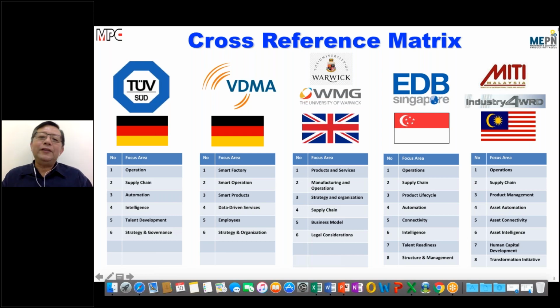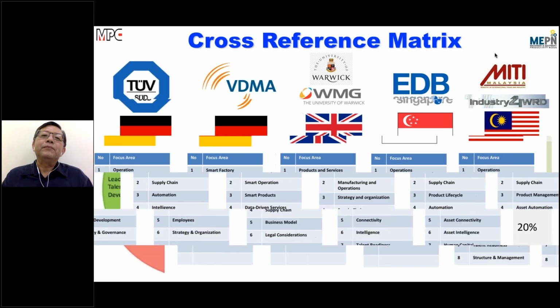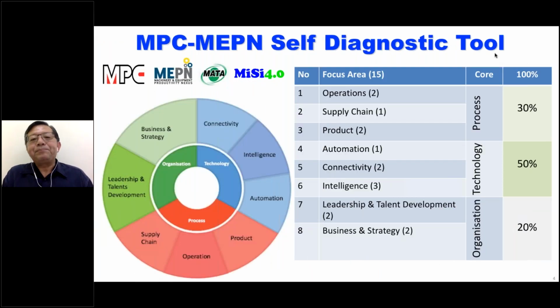So with these references, we developed our model, which focuses on these focus areas. Mainly we divide it, as you can see on the left, into organization, and also process and technology.